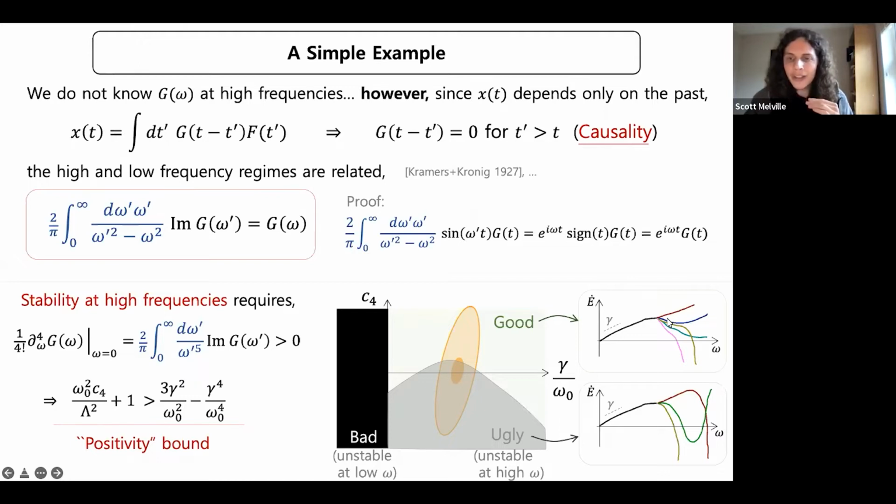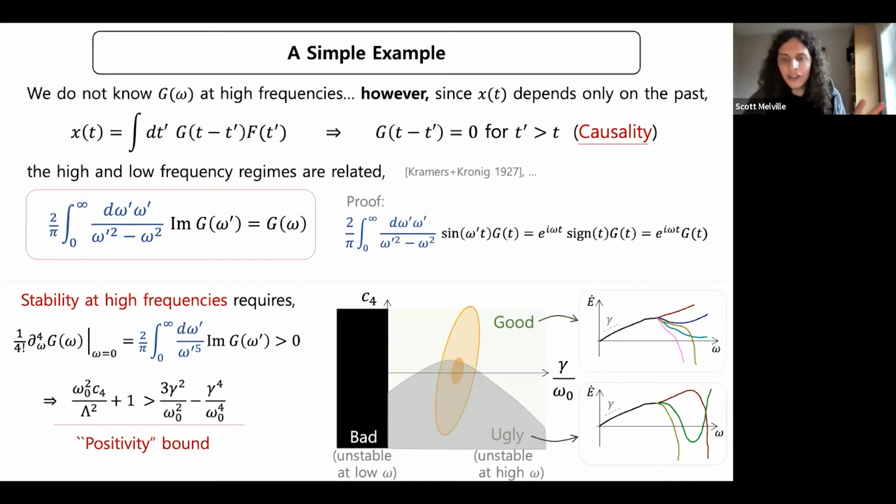So here I've drawn kind of what it would look like in practice, right? If you were to plot the way the energy changes in response to a forcing, at low frequencies, it's just determined by gamma and the other EFT parameters. But as you go to higher and higher frequencies, you'll see this divergence. Different models will have very different behavior.